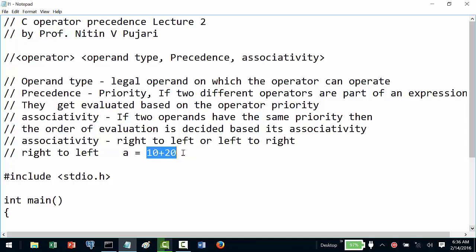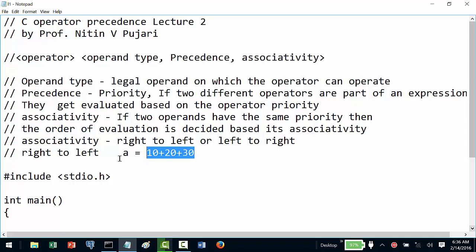And suppose I have one more operator, 30, so I have two pluses here and equal to here. The associativity of plus is from left to right, and the associativity of this assignment operator is from right to left.